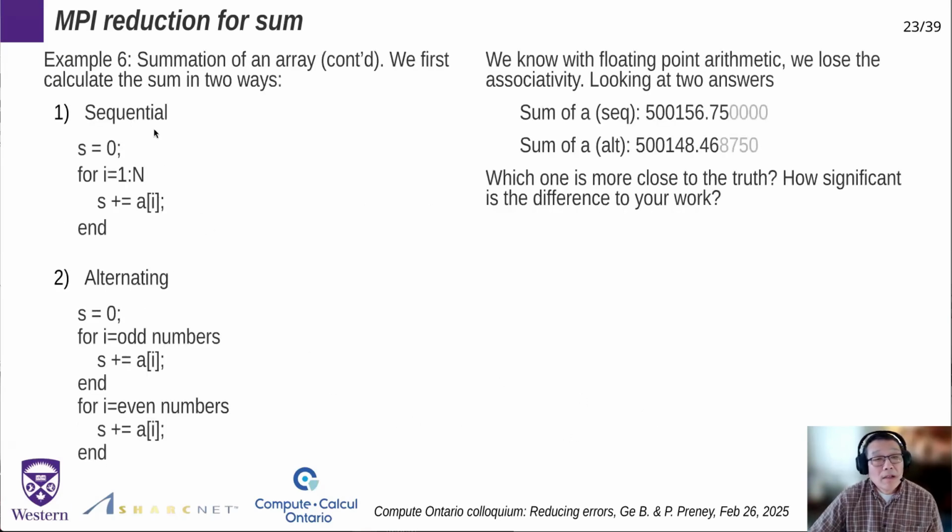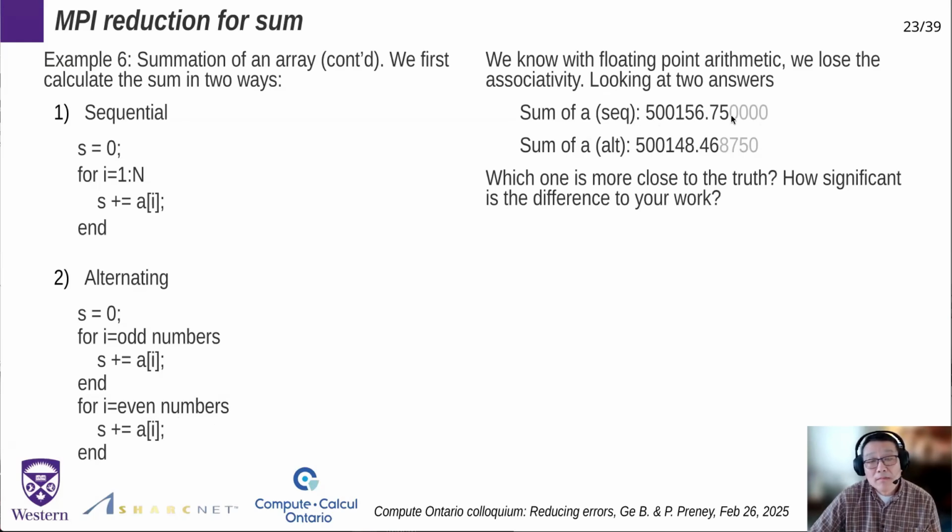Now, we do this in two different ways. First, we do this sequentially. We go from 1 to n, and we get a sum. And then we use an alternating procedure. First, for all odd indices, and then we do even indices. And here's the answer. For the sequential format, we got this answer.